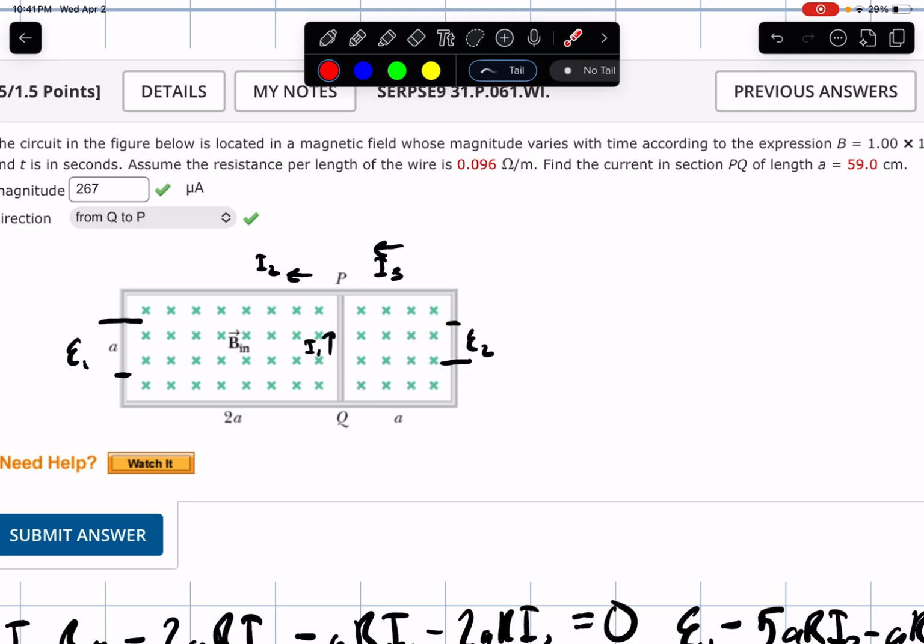So what you get is that your induced current on the left one, if you follow it, it'll go from Q to P. Now on the right one, it'll be going from P to Q. So they are counteracting each other.